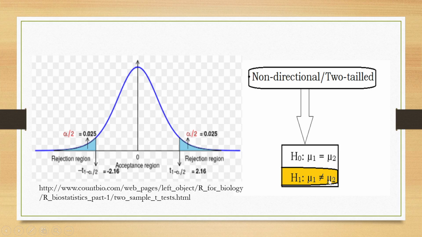That's to say, in the null hypothesis, the mean of variable 1 is equal to the mean of variable 2. In the alternative hypothesis, the mean of variable 1 is not equal to the mean of variable 2.